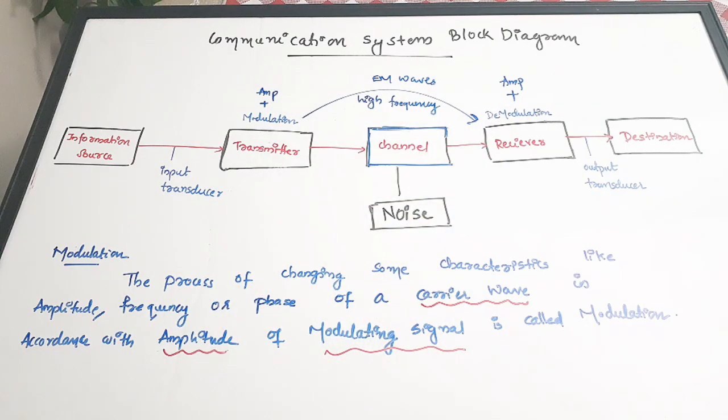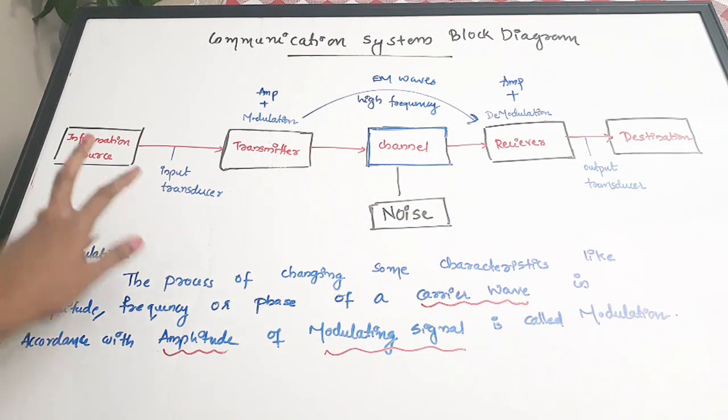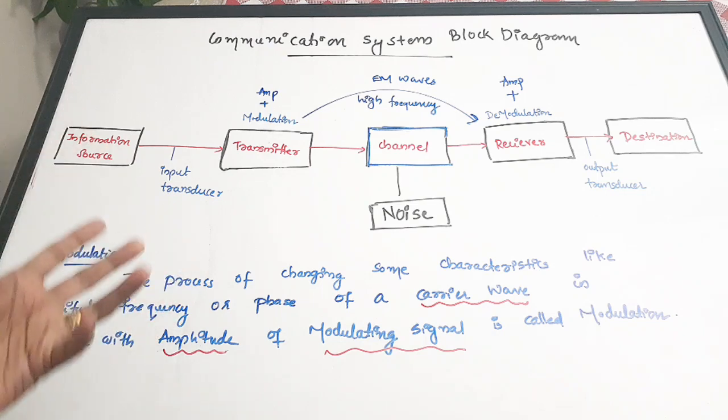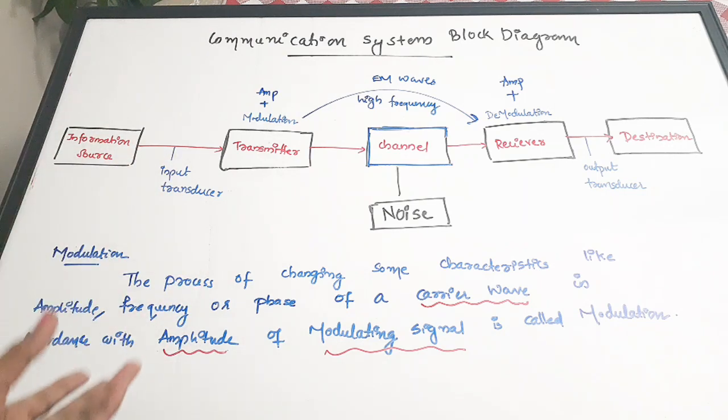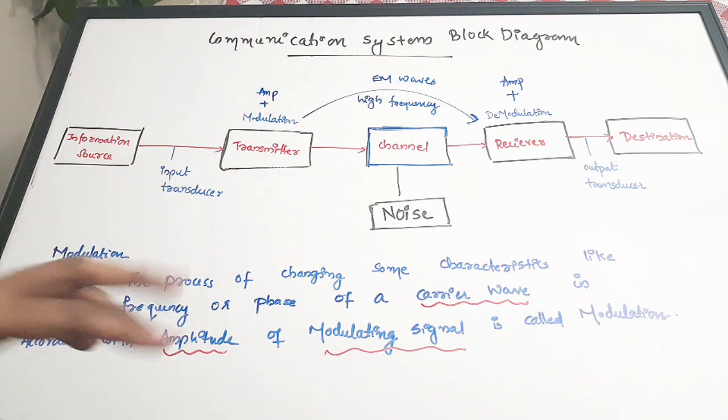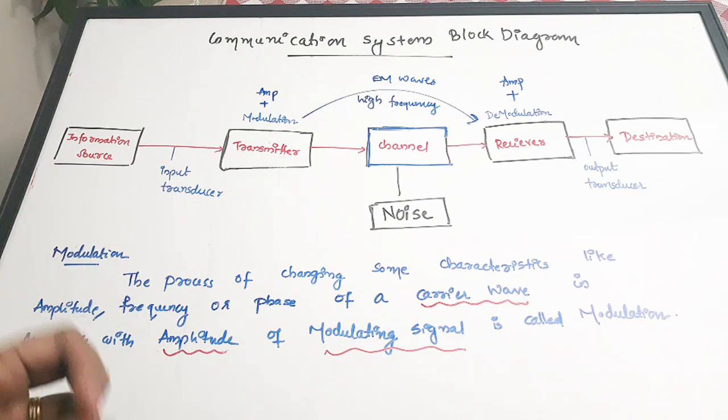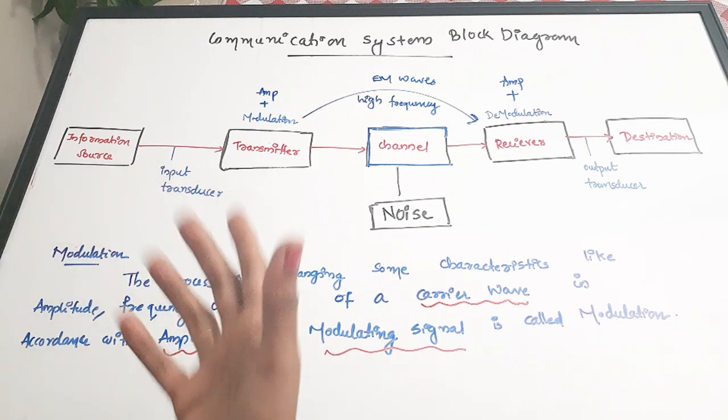As I said, the information source will be some image or text or some other format. Most commonly it will be a non-electrical quantity. What we need to do first is, we can only send electrical signals, right? So we need to convert the non-electrical format, consider that it's an image or some other form, to an electrical format.